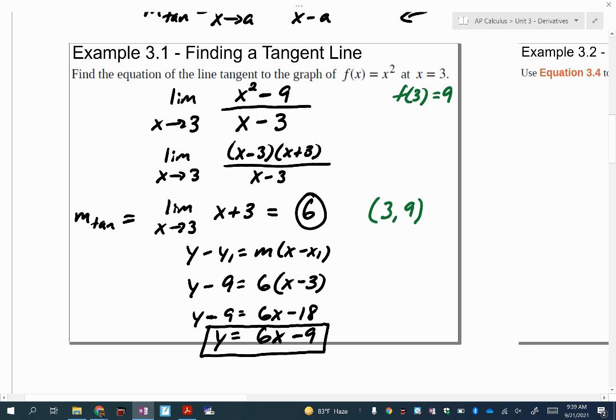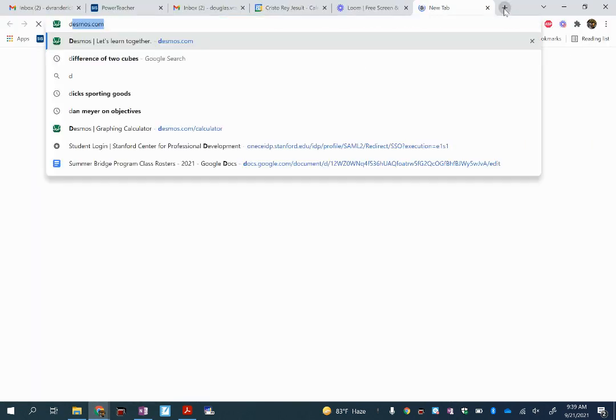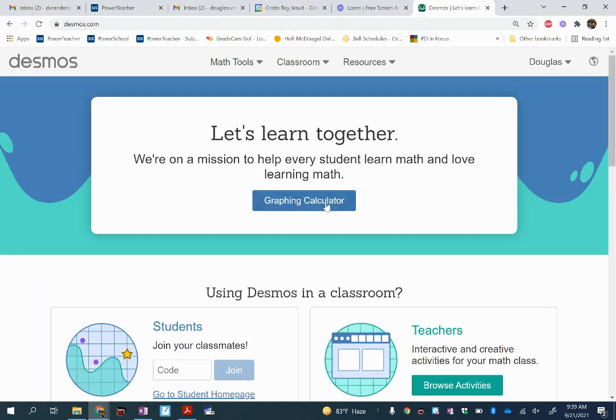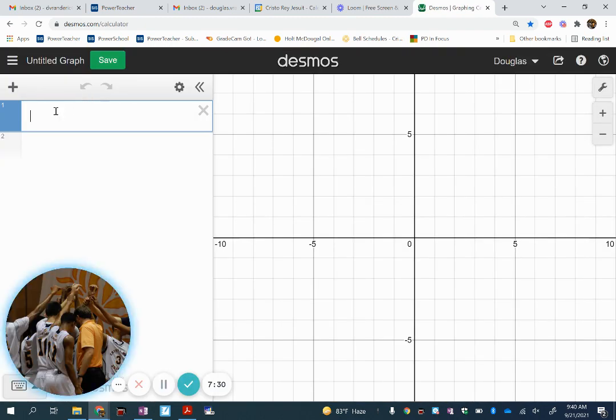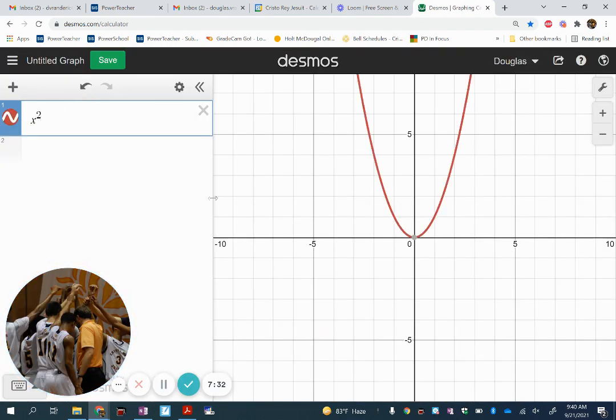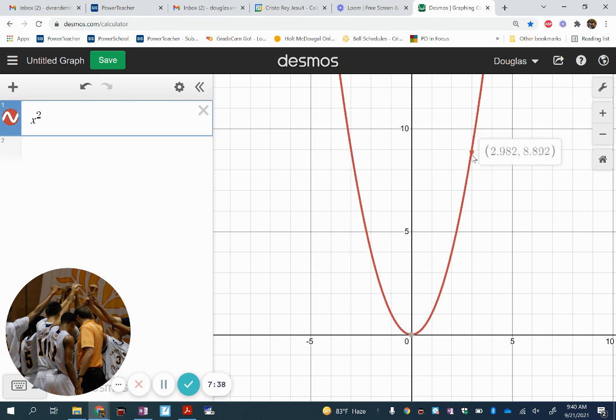Now let me show you the graphical view of what we just did. So I'm going to plot x squared. Okay, so here is x squared, right, parabola. Remember, I'm going to be focusing on 3, 9, which is up here, right?